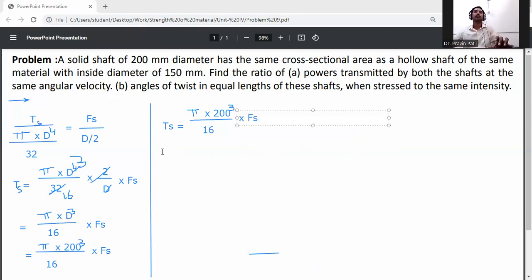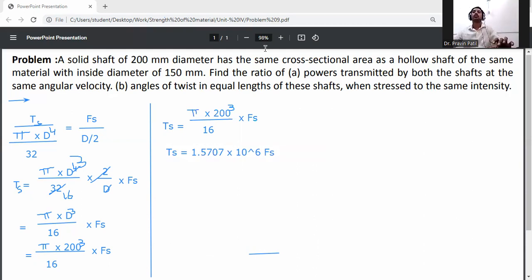So Ts is equal to 1.57 into 10 raised to the power 6 in terms of Fs, this value to be given.